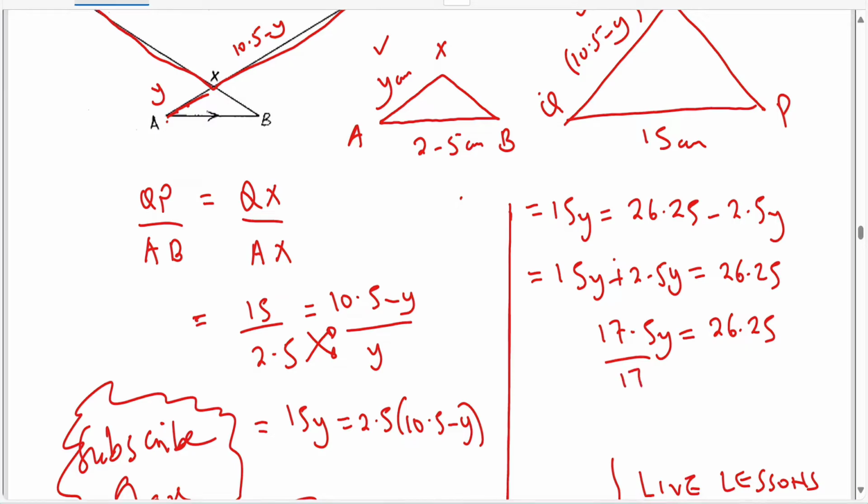So divide by 17.5, divide by 17.5, y itakuwa ngapi? Divide by 17.5 itakuwa y 1.5 centimeter, and that is your answer. So AX hapa ni 1.5 centimeter.